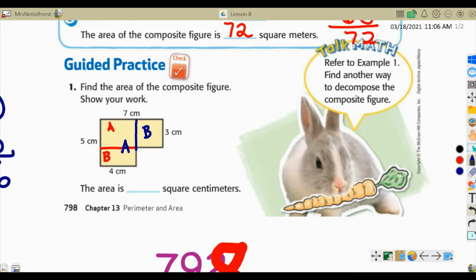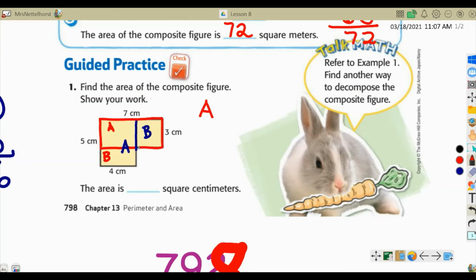Now what I want you to do is write your number sentence for rectangle A and rectangle B. Pause the video. Okay, if you did A as the top rectangle and B as the bottom rectangle, then you're going to pay attention to the red.